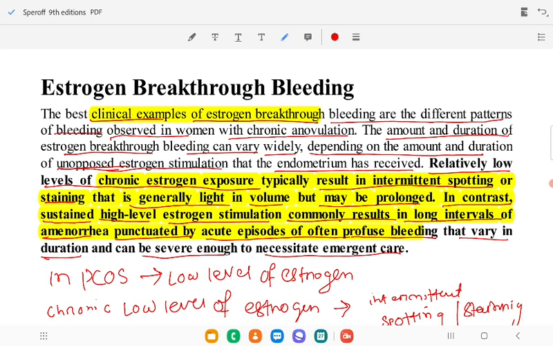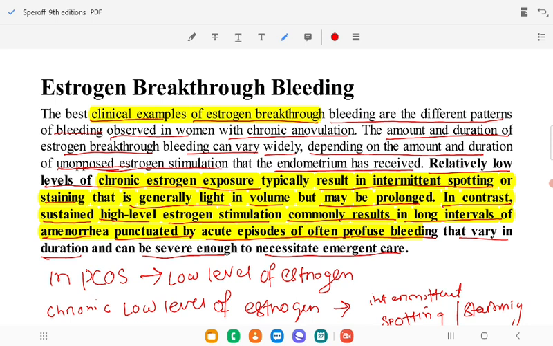A relatively low level of chronic estrogen exposure typically results in intermittent spotting or staining that is generally light in volume but may be prolonged. In contrast, sustained high level estrogen stimulation commonly results in long intervals of amenorrhea punctuated by acute episodes of heavy, profuse bleeding that vary in duration and can be severe enough to necessitate emergent care.